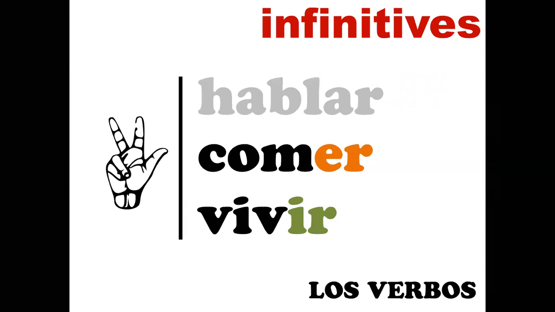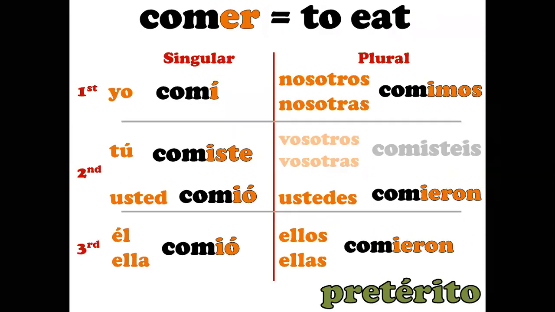So let's talk about comer and vivir, the ER and the IR verbs. How do you change them? Well, the endings are different. There's a different set of endings, but they're similar, just like in the present tense. We get rid of that ending, comer, and we add these endings. Y, iste, tú comiste, you ate.